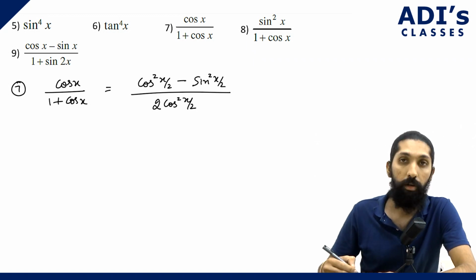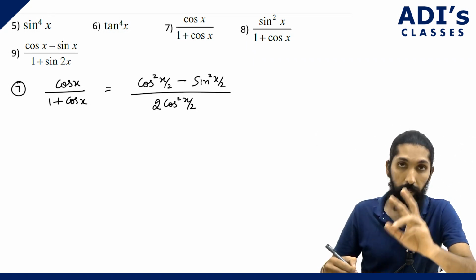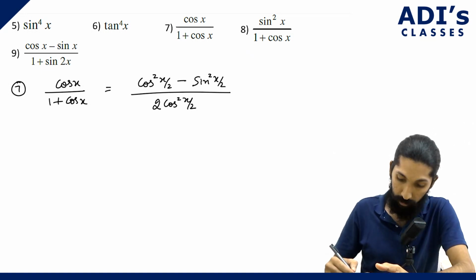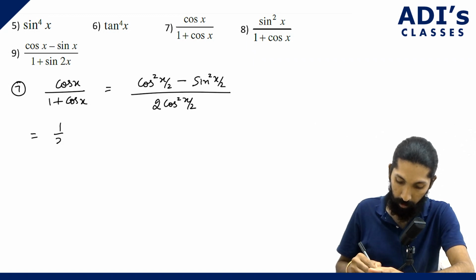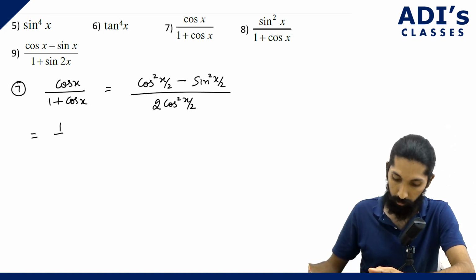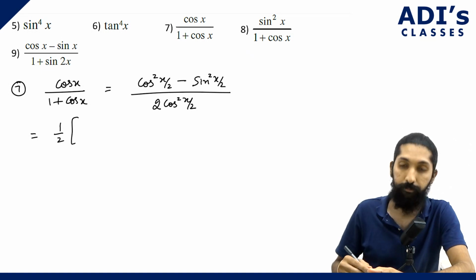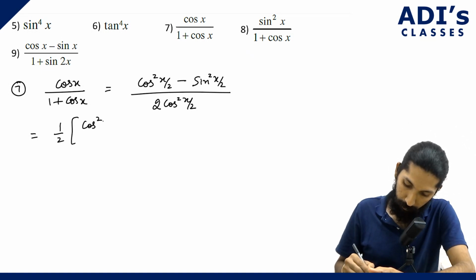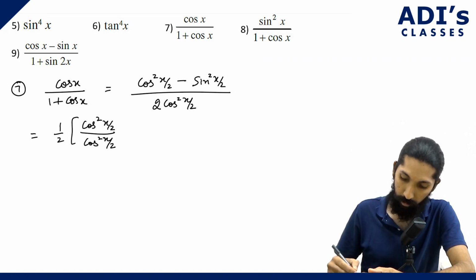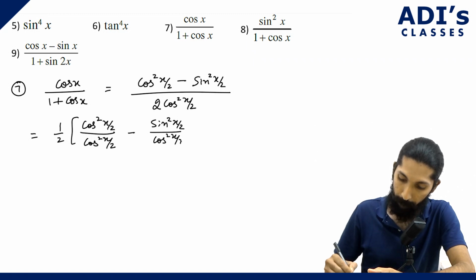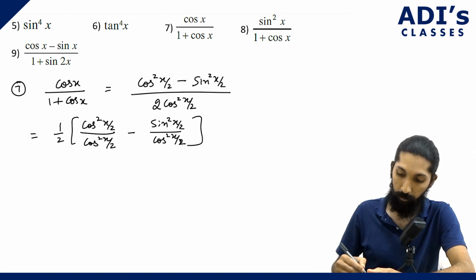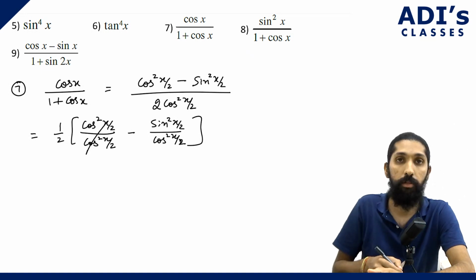All right. Now again there are two ways of doing. One is individually divide. So when you individually divide, you'll get half of, or take the 2 common outside, cos square (x by 2) divided by cos square (x by 2) minus sin square (x by 2) divided by cos square (x by 2). Okay, cancels out, get it as 1.